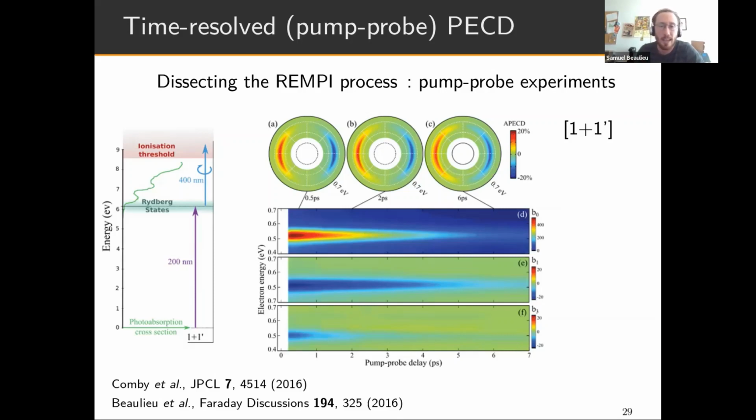3s Rydberg state. But when you look at B1 and B3, you see completely different dynamics. B1 is decaying in 3.9 picoseconds, while B3 is decaying in roughly 1 to 1.5 picoseconds.